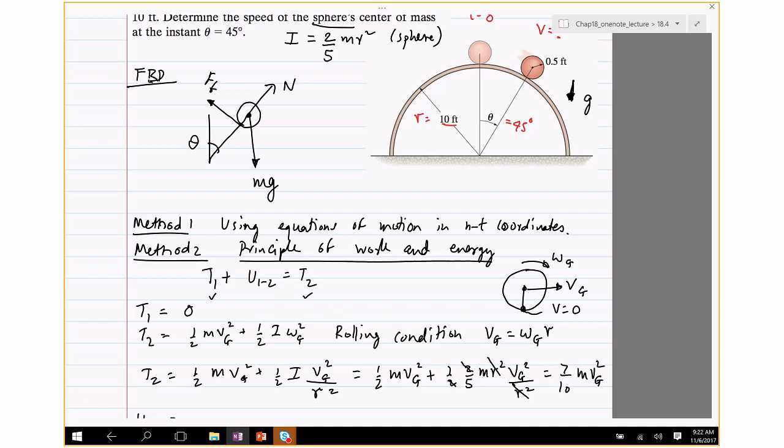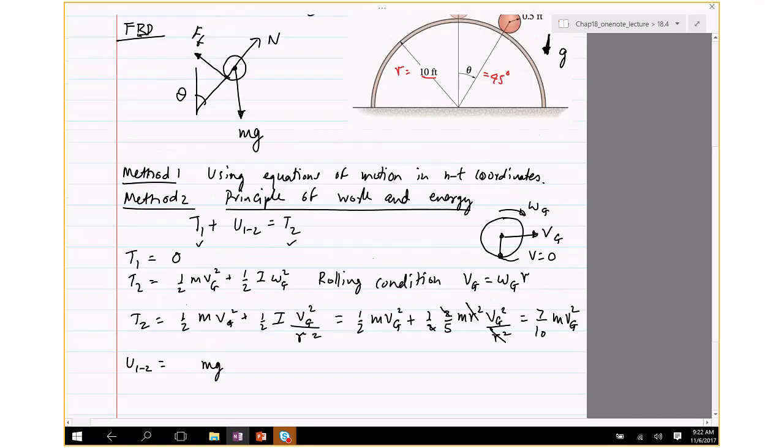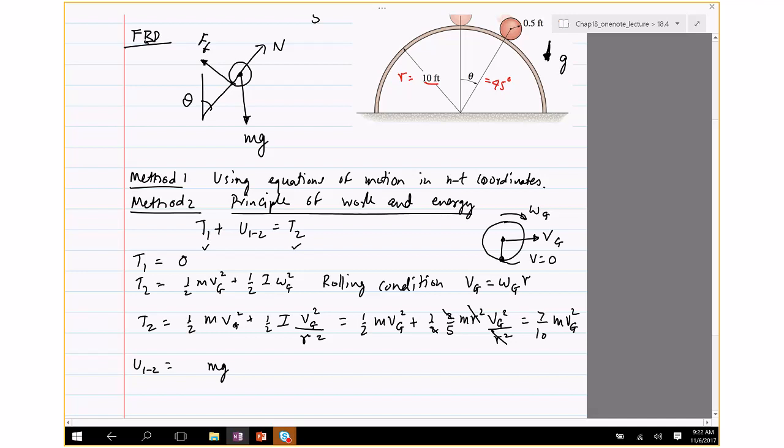The only force left then is mg. So mg does work, and the question is, what's the work done by mg? The work done is mg times the distance moved in the vertical direction.